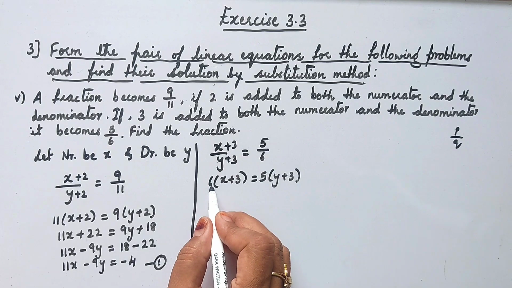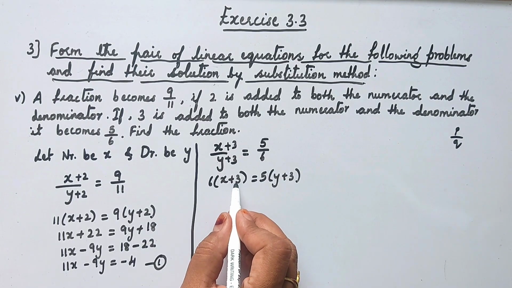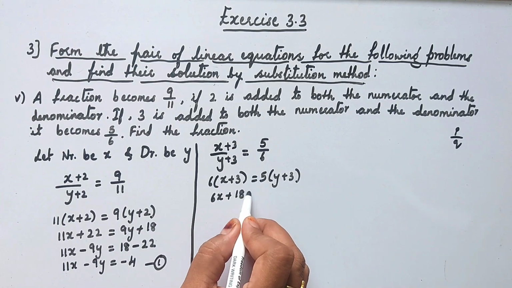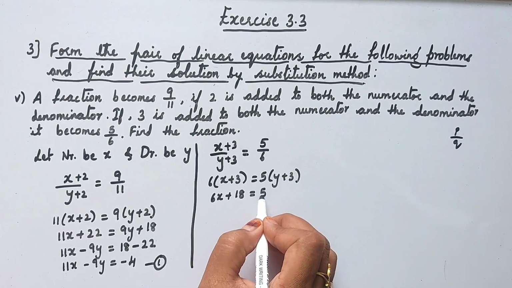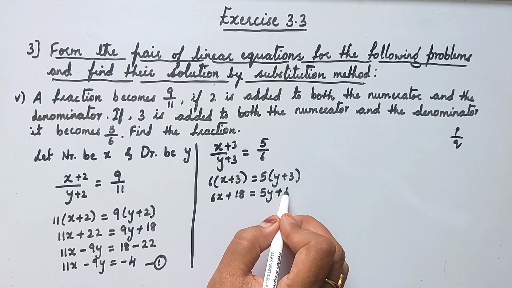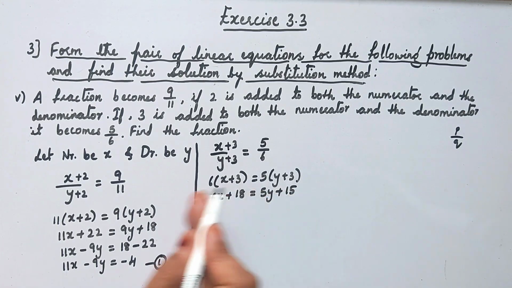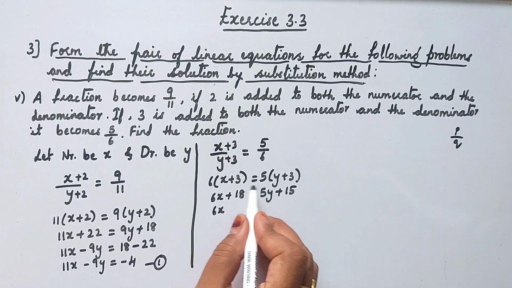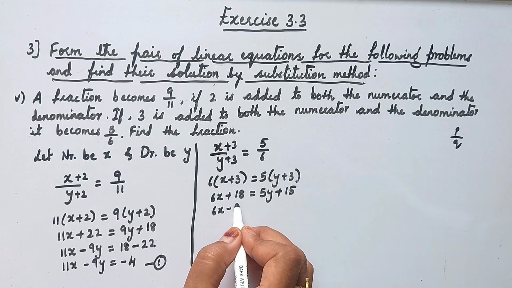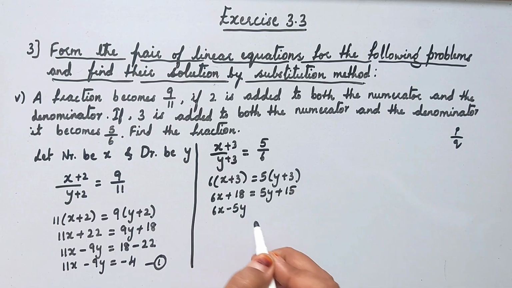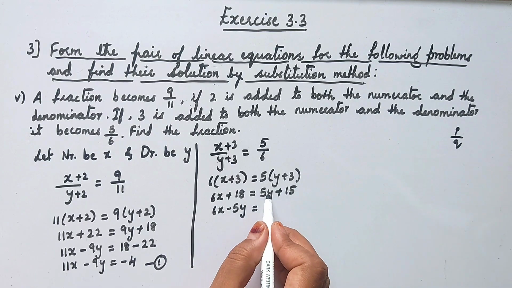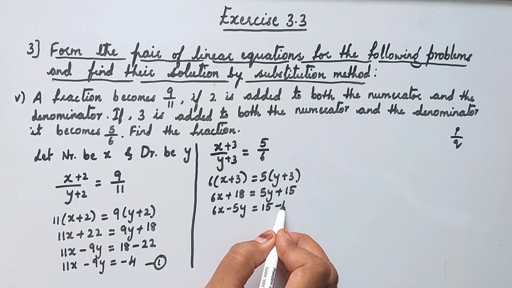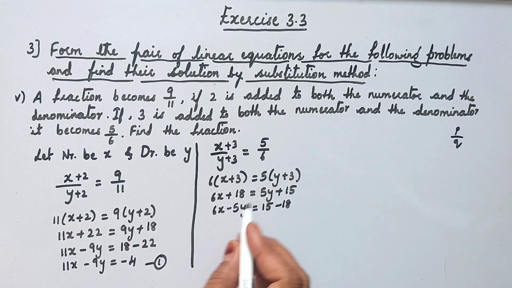Now let us multiply 6 to each of these terms. I'm going to get 6x plus 6 3s are 18 equal to 5y plus 5 3s are 15. Okay, variables to one side and constants to the other side. 6x, when you bring this 5y, you're going to get negative 5y equal to, only 15 is left over, and shift this to the other side, you're going to get minus 18.